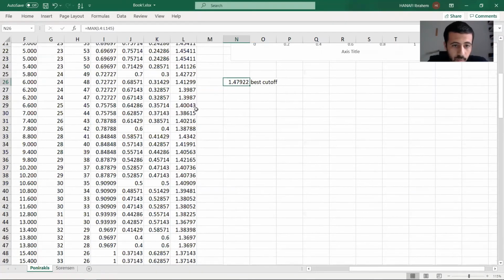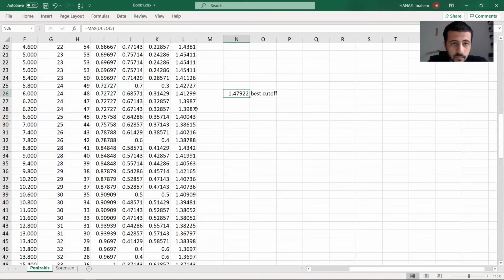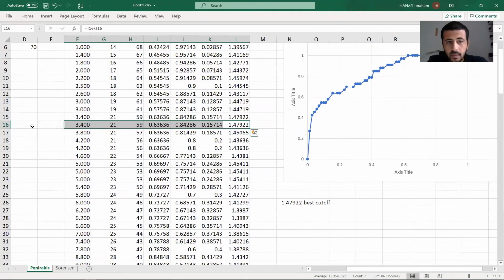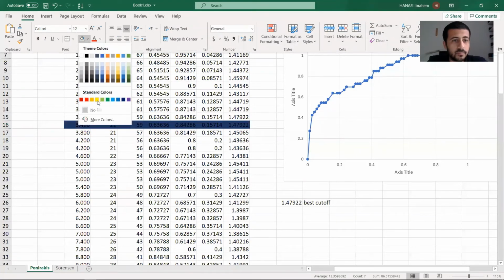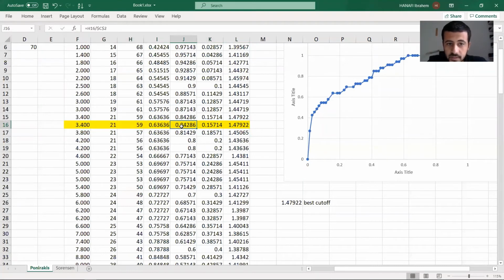The highest number was 1.47. Okay, where is the 1.47? Yeah, here it is. Yes. This is the number. I will color it. Okay, for this, I have a specificity of 84, but a sensitivity of 63.